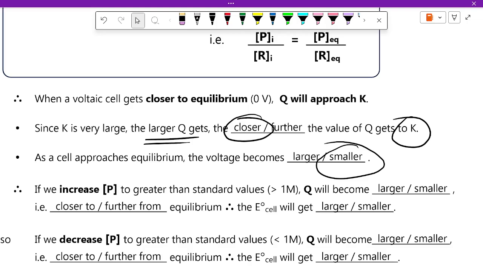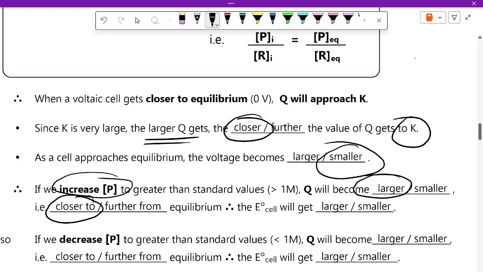So I've got lots of product. Q is going to be larger. And so are we closer to or further from equilibrium? We are closer to equilibrium, and therefore the E naught of the cell will get smaller.